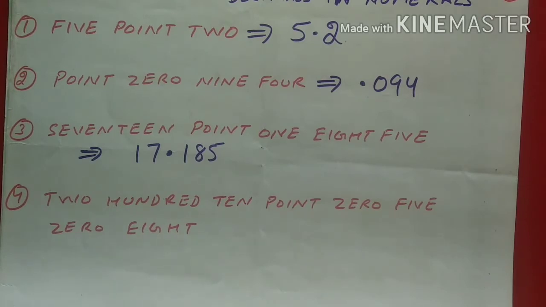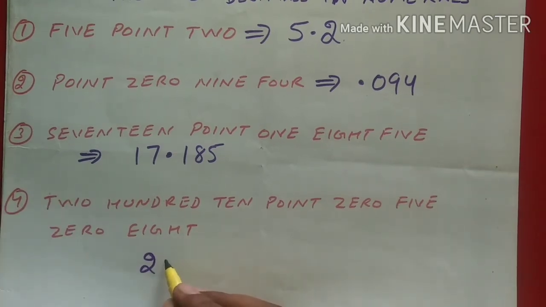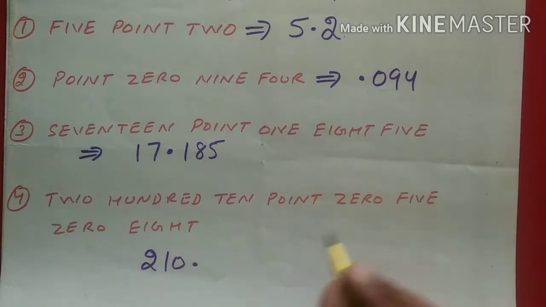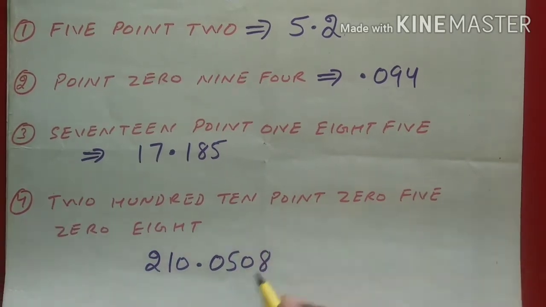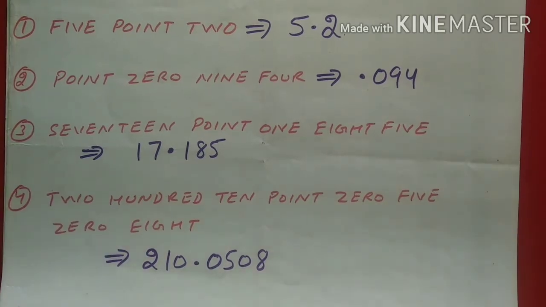Now question number 4, 210.0508. You know 210 is 210. After that point, now 0508. Now this is the answer. Now all the 4 questions we have solved here and have learnt how to write decimals into numerals.